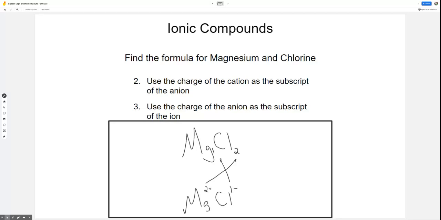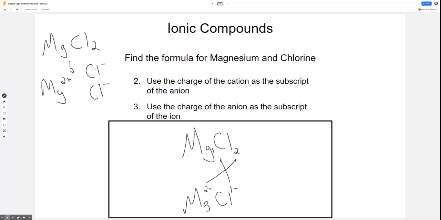What that says, right, the formula MgCl2 means I have a magnesium, which is a +2 ion, and I have 2 chlorines, or chloride ions, which are each -1.